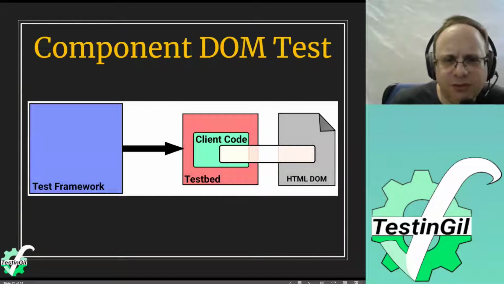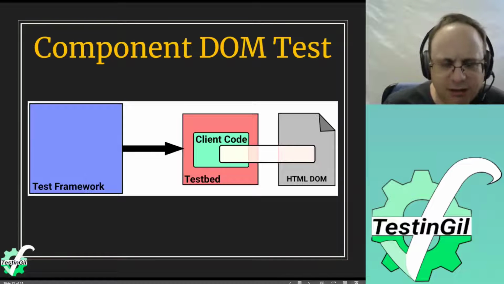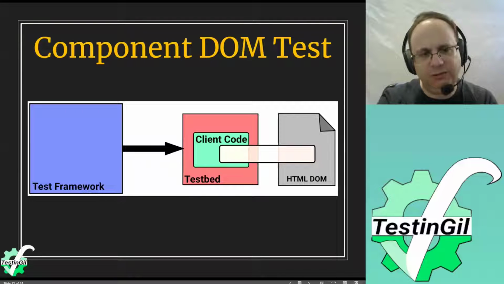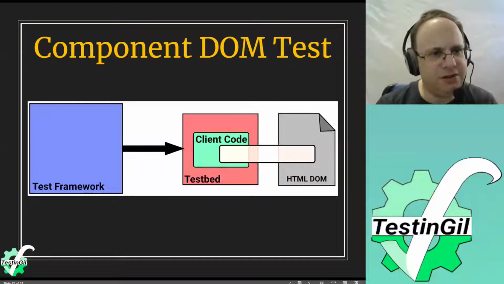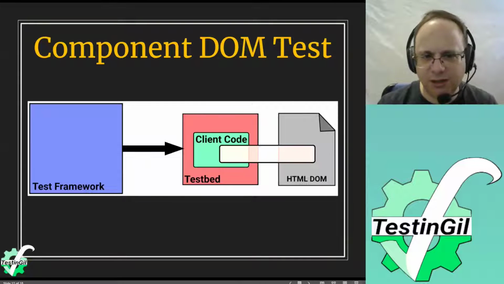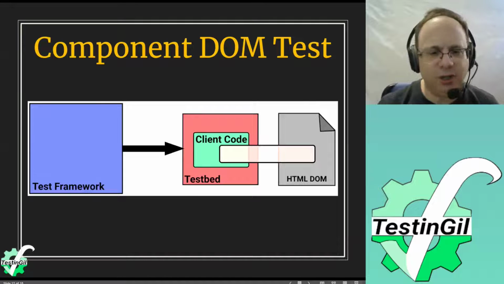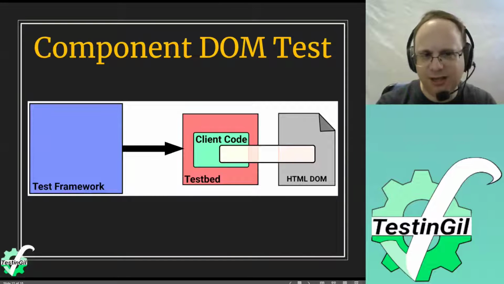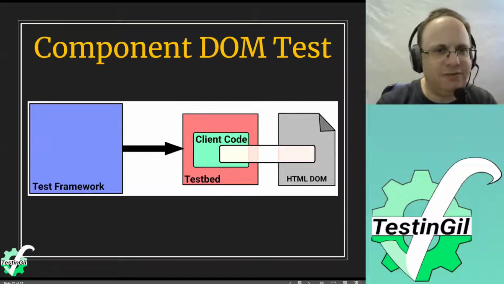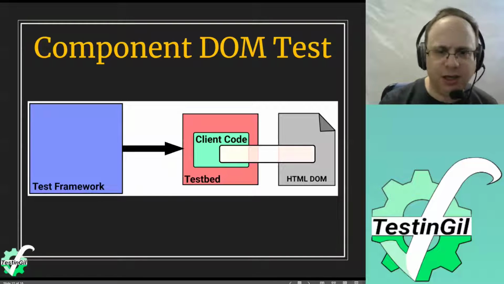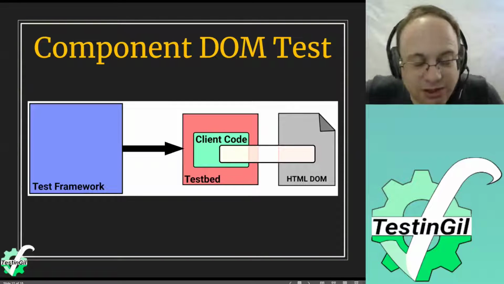So component tests basically check that a piece of the code, our React component, really translates into a bit of JavaScript and HTML. And when things happen dynamically, this DOM, the document object model, changes, and we can check that. Only this part of HTML, it's not full HTML, it's not valid HTML because it's not a full page. So a component needs something to run in, which is a test bed or a container. In Angular, it's actually called a test bed.